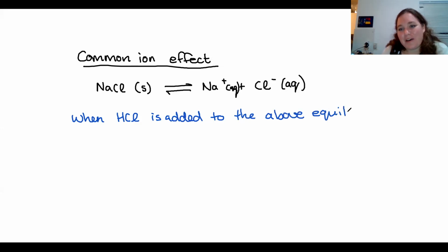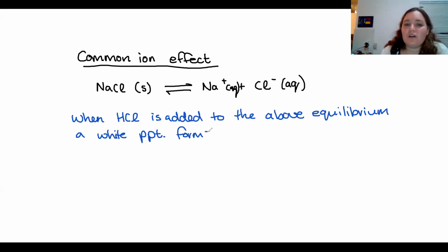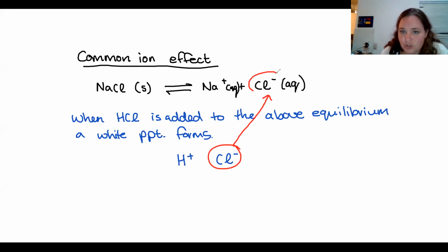So when it's added to the above equilibrium, we suddenly observe that a white precipitate forms. PPT is the abbreviation for precipitate. That's something that's solid and doesn't dissolve. And the question often asks you to explain what happens. Now, what's happened here is by adding HCl, I've added H+ and Cl-. Even though HCl is not in the equation, the Cl- is common to this.